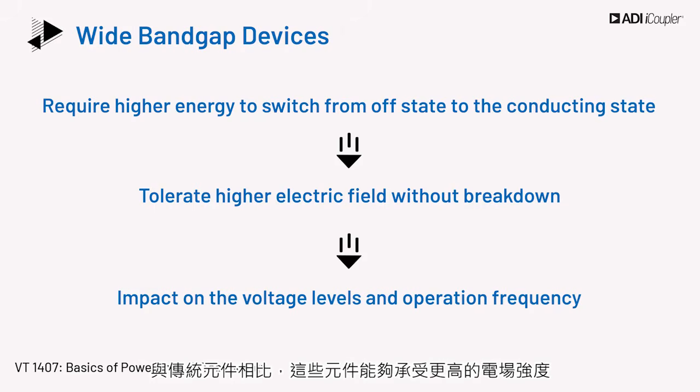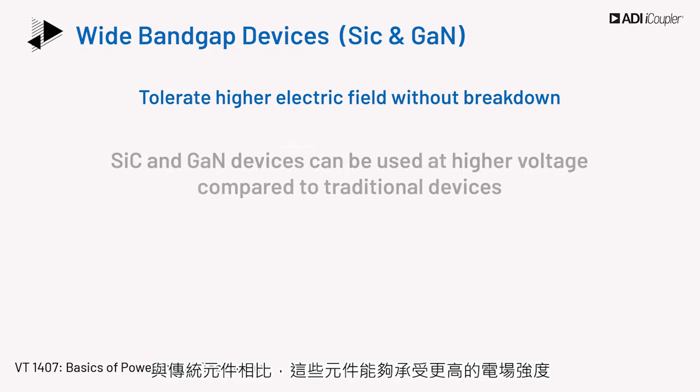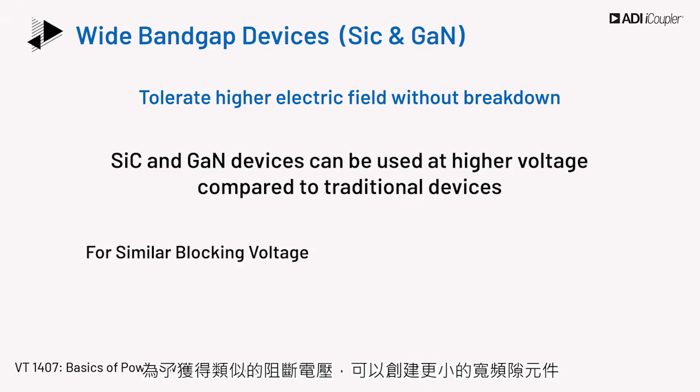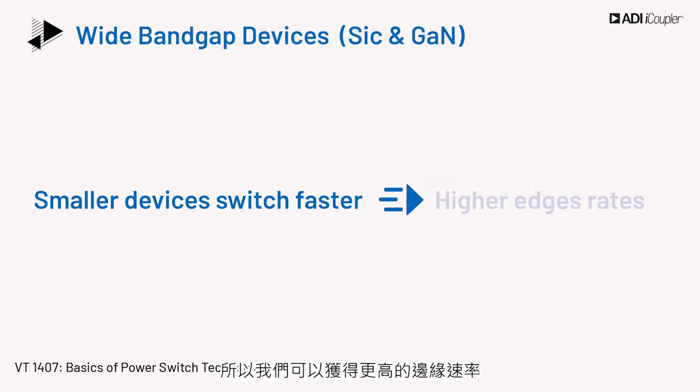Being able to withstand higher electrical field strength allows these devices to be used at higher voltage for size when compared to traditional devices. To get similar blocking voltage, smaller wide bandgap devices can be created. Since smaller devices switch faster, higher edge rates can be obtained.